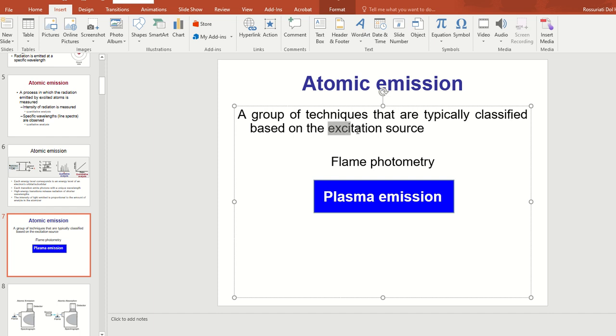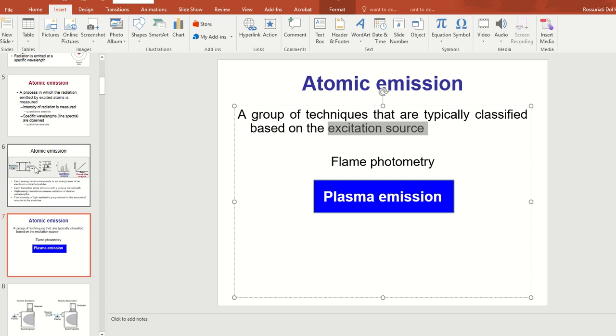What do we mean by excitation source? An excitation source is responsible for causing the target analyte or target element to be excited, or we can say to move from ground state to excited state.